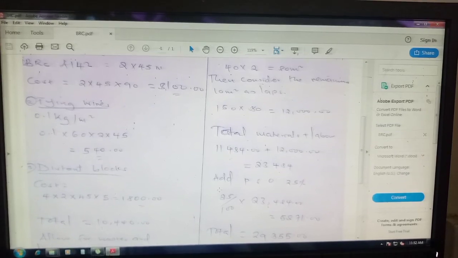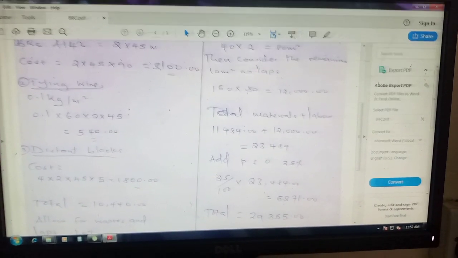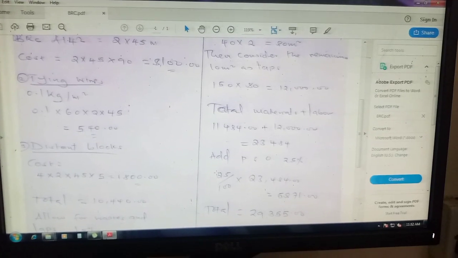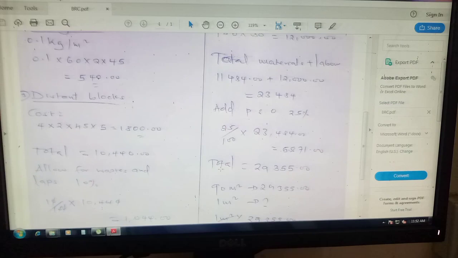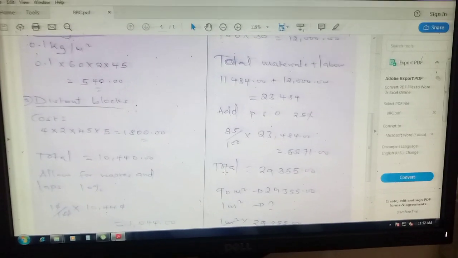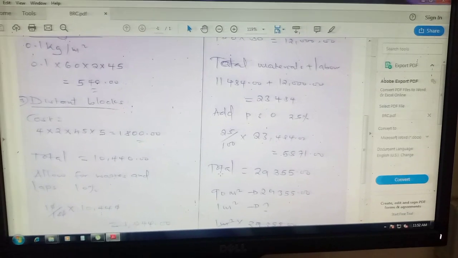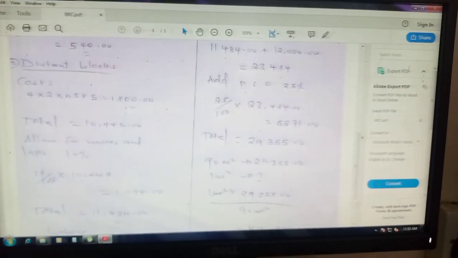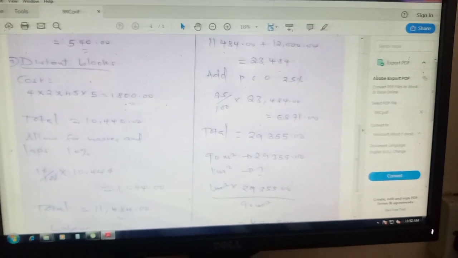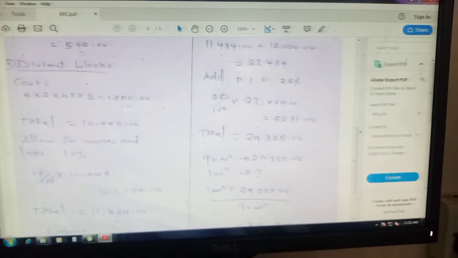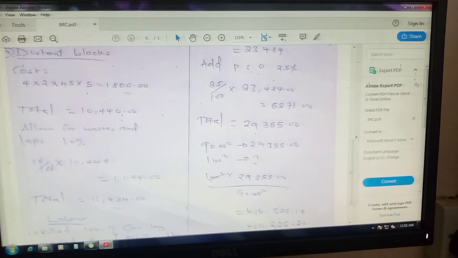After that, you will get the total labor plus material, which will be 11,484 plus 12,000 will be 23,484. Then you add profits and overheads, which is 25%. 25% of that will be 5,871 shillings. Then the total will be 29,355.